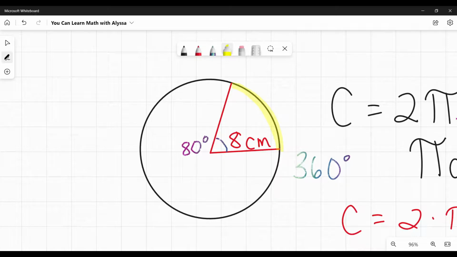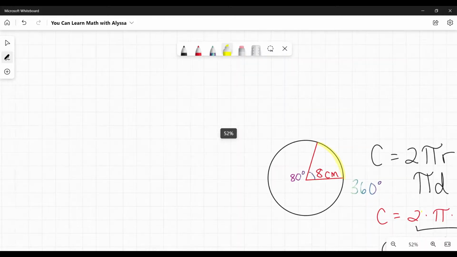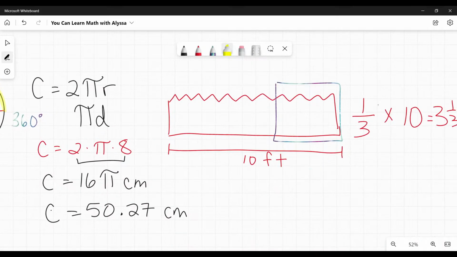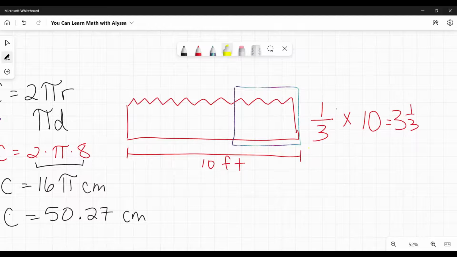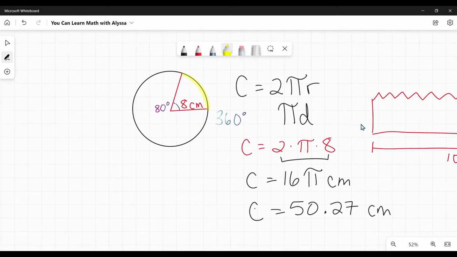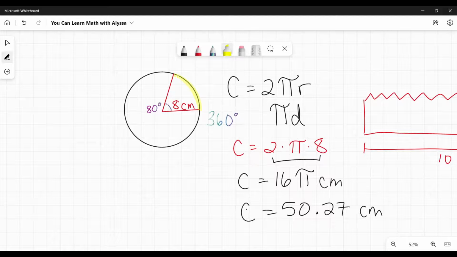Well, previously when we looked over here, we said, oh, it's half of the fence, or it's a third of the fence. How can we figure out what fraction of the whole circle this arc is? Well, we look at those degrees.